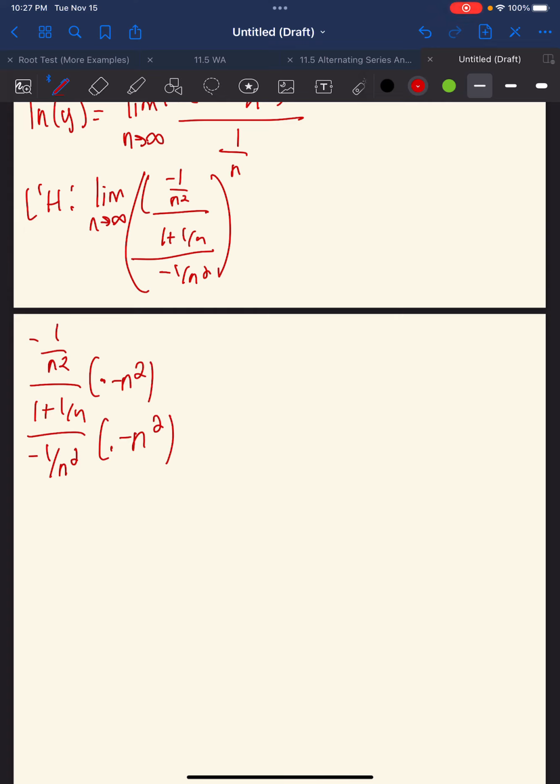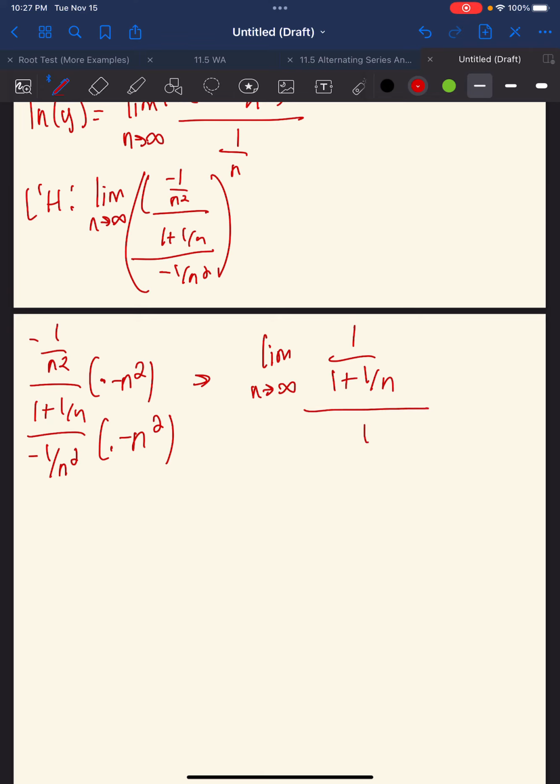And so what you would get is the limit as n approaches infinity of 1 over 1 plus 1 over n, over 1.